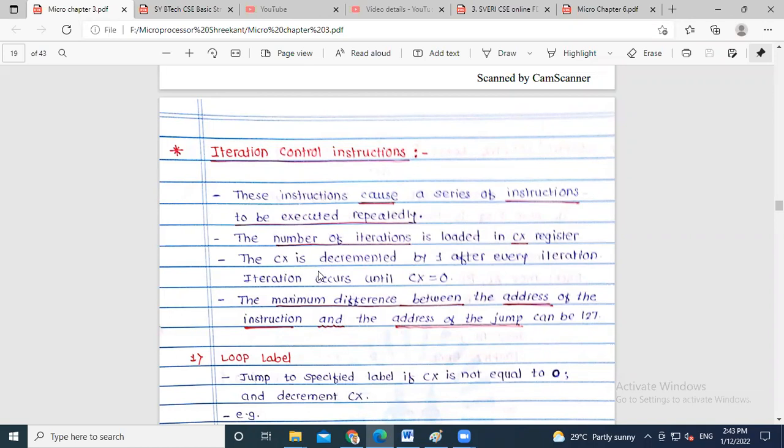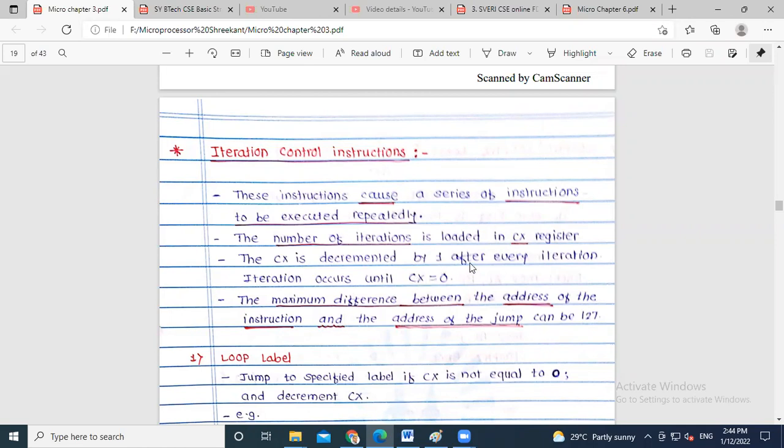The number of iterations is loaded in the CX register, the 16-bit register with higher and lower halves. The CX register is decremented by 1 after every iteration. Why is it decremented by 1 after every iteration? It means that one cycle is completed, then one decrement happens.